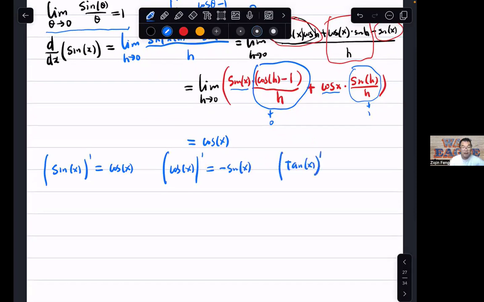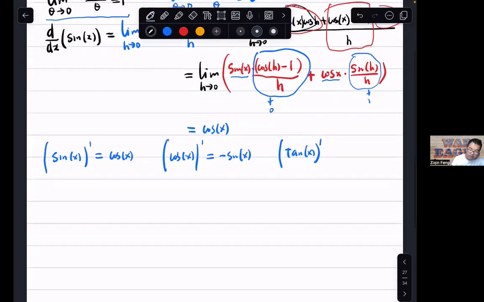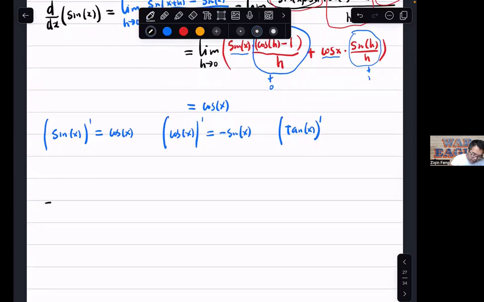We don't have to evaluate a limit, because by our discussion we know that tangent of x prime is sine of x over cosine of x prime. We know the derivatives of the numerator and denominator, so we can apply the quotient rule.